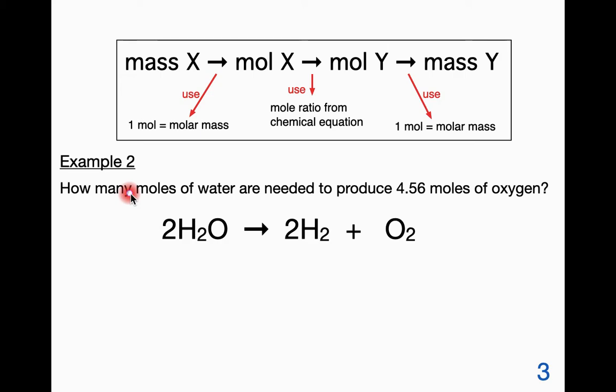How many moles of water are needed to produce 4.56 moles of oxygen? So we have the number that we're given, and the amount that we're given is the 4.56 moles of oxygen. And the question is, how many moles of water would I need to do that? Now notice when we refer back to our little flow chart here, we're given moles of one substance and we're asked for moles of another substance.